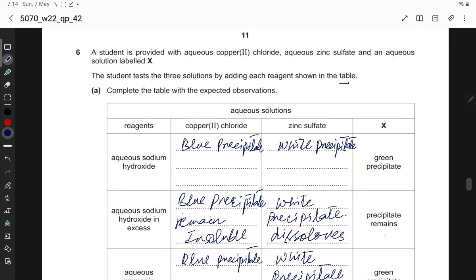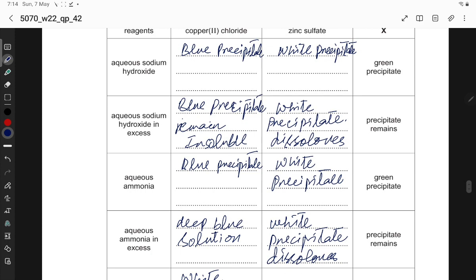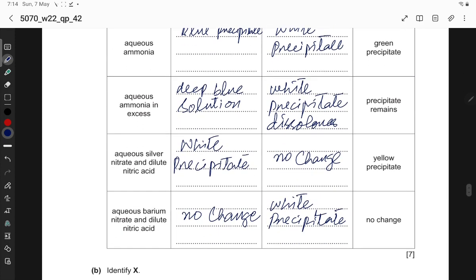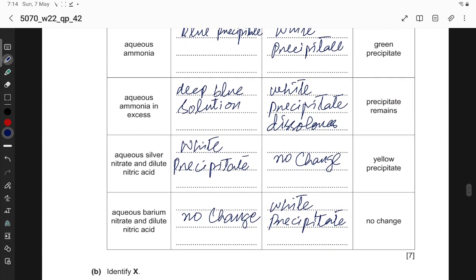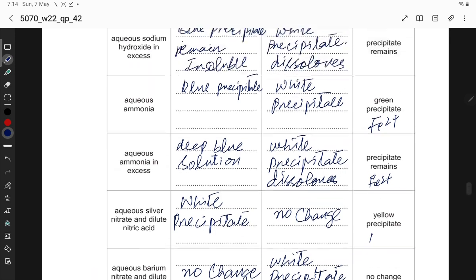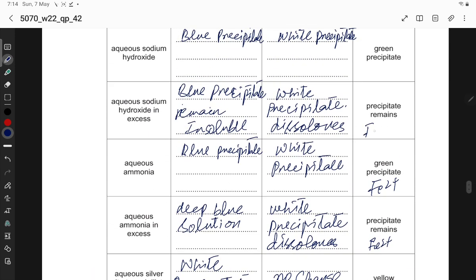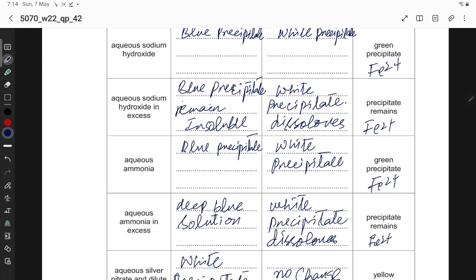X gives a green precipitate, and the precipitate remains. With nitric acid and silver nitrate, it gives a yellow precipitate, which means iodide ion. It means this is iron 2 ions.